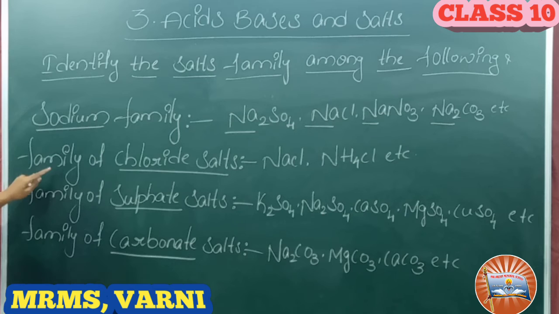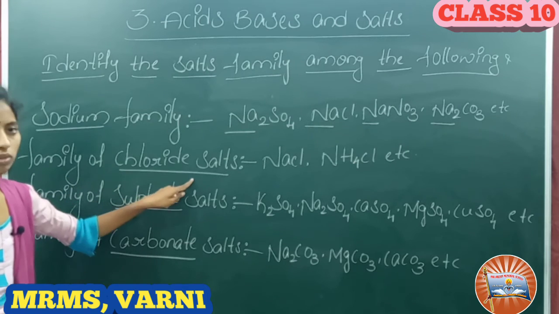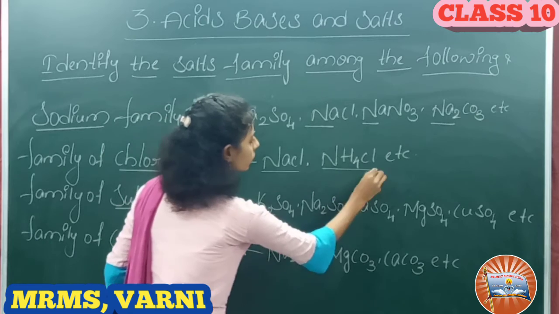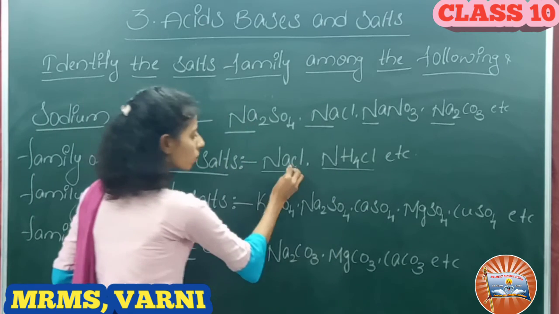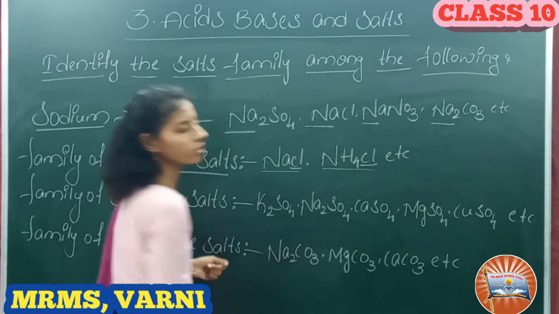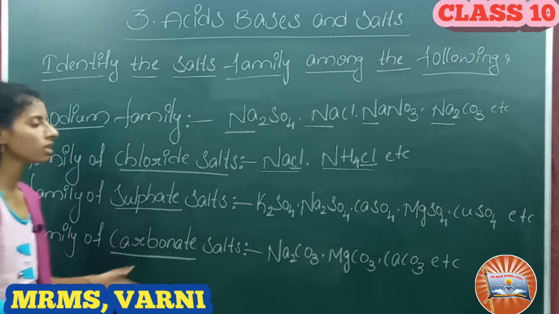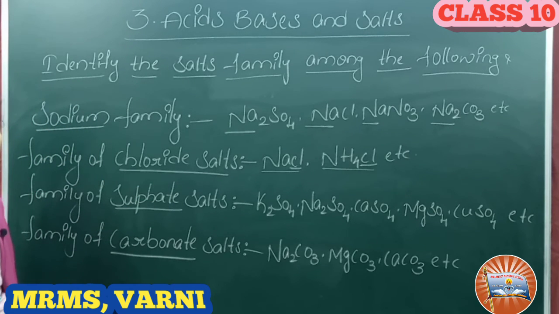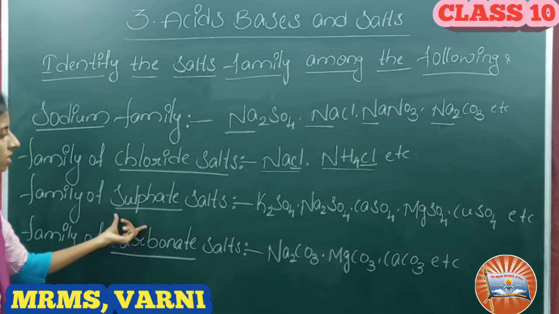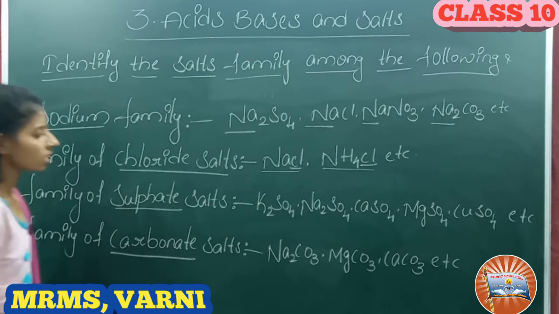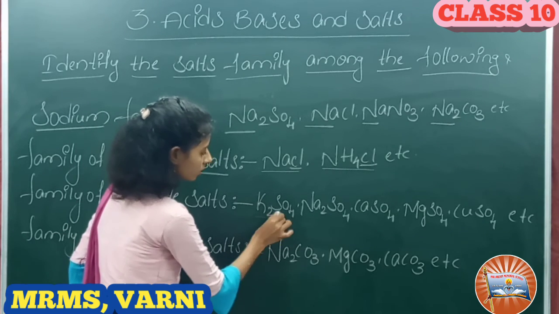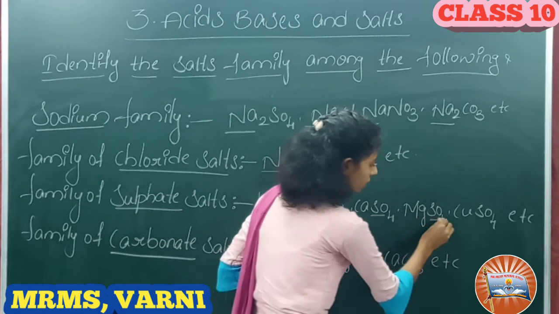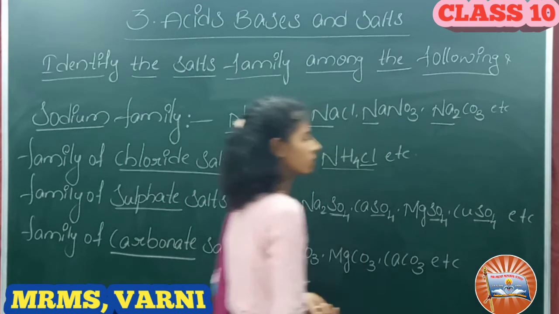Yes? And next one, family of chloride salts. Here sodium chloride and ammonium chloride. So in these two chlorine is a common. Yes, that's why we are calling those two as a family of chloride salts. And family of sulfate salts. See here potassium sulfate, sodium sulfate, calcium sulfate, magnesium sulfate, copper sulfate.